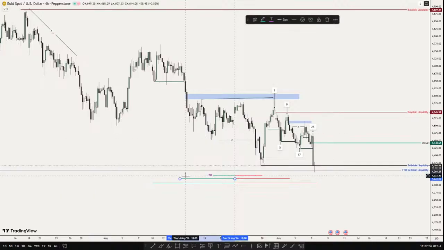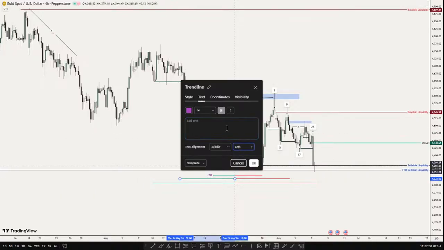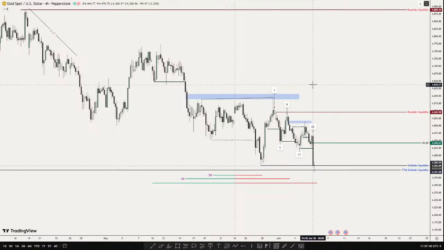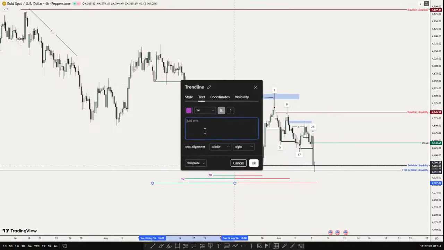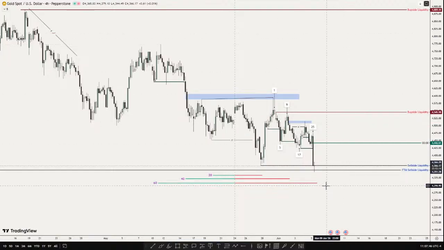In this case, I have marked 20 candles, then 40 candles, and then 60 candles to the left of the start of the previous week. We are in this week, which started from 1st June, and the previous week started from 24th May, Sunday, 1800 hours, New York local time. So this is the start of the previous week.